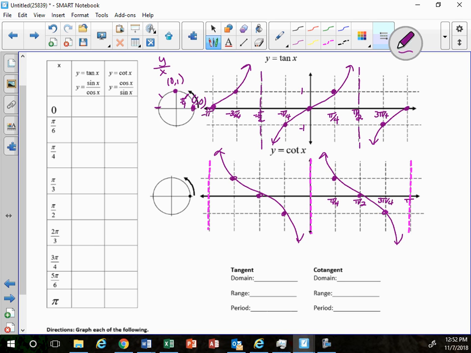You can go through thinking about cotangent on your circle, or I heard some of you saying, well, it's the reciprocal of this one. So where this one's 0 is where you're going to have an asymptote. 1 is 1, -1 is -1. You can think of it that way.